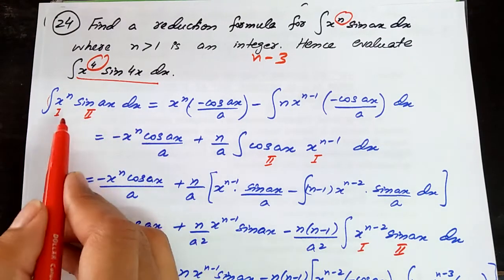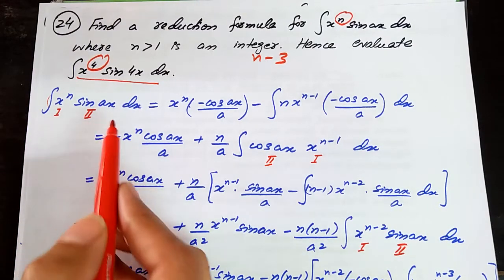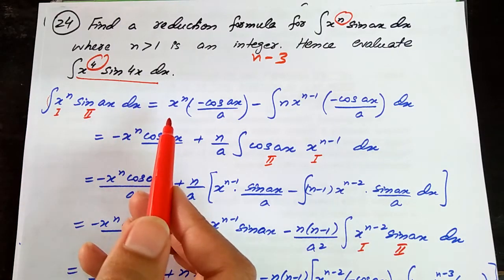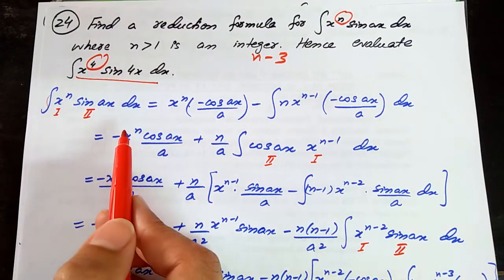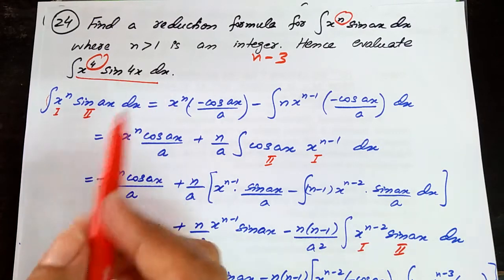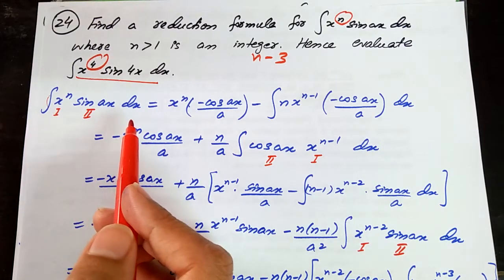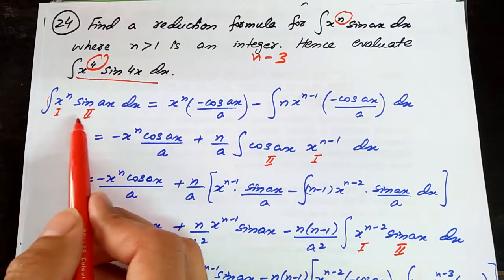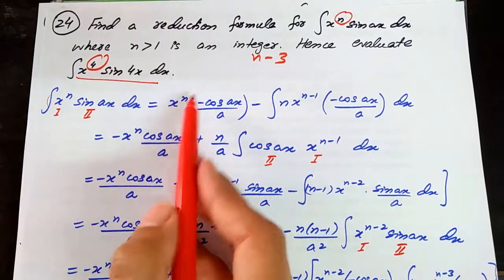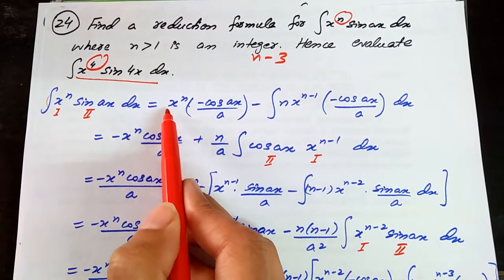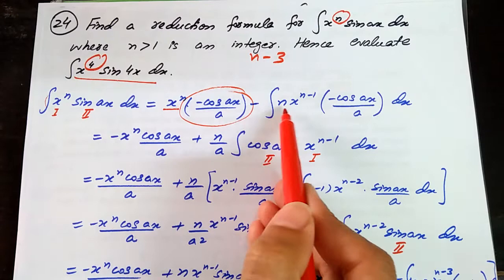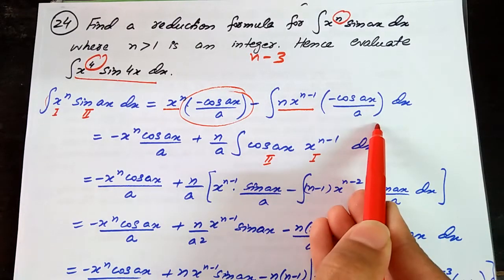How we take first and second is already explained to you in the first and second parts of exercise 4.3, so you can consult those parts for choosing functions in integration by parts. Now using the formula, first function as it is into integration of second function minus integral derivative of first into integration of second.